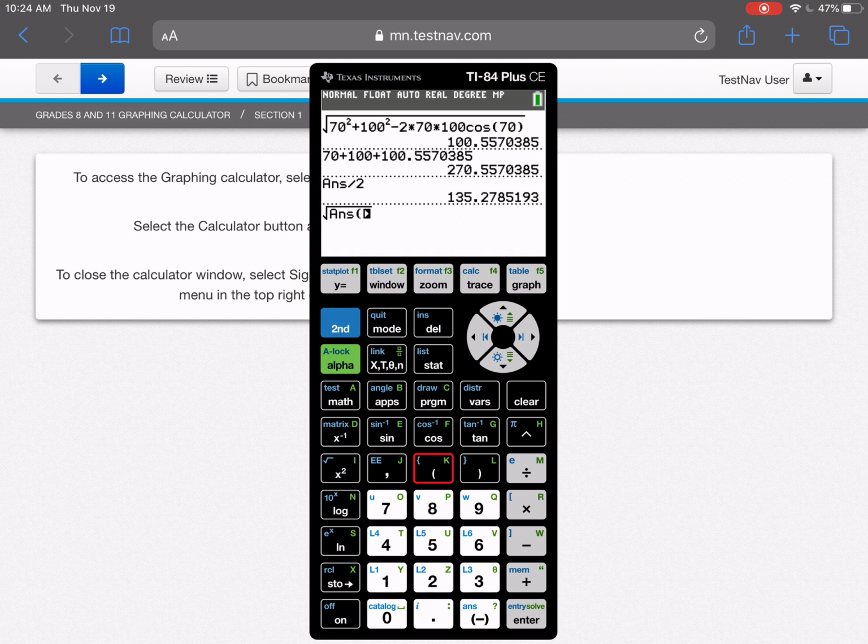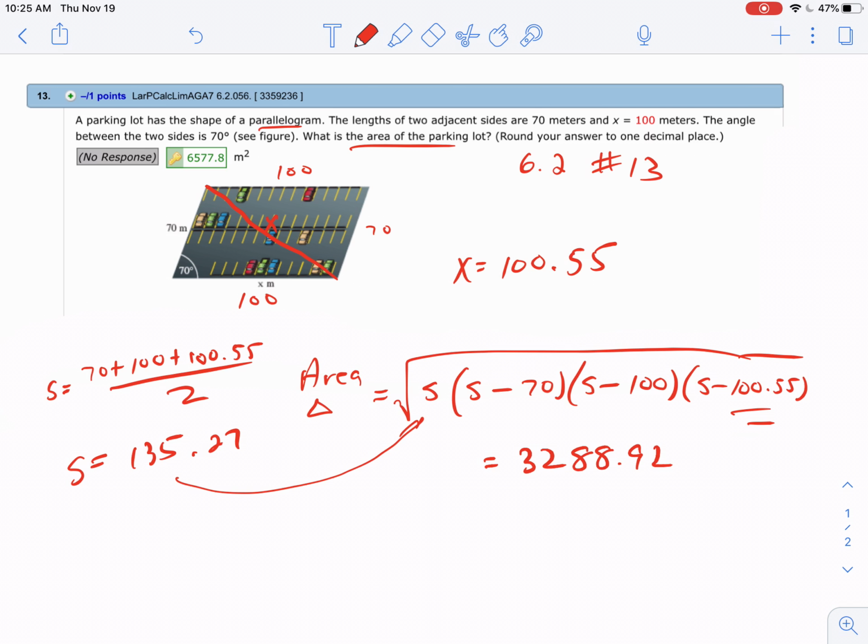And then I do the S minus one of the sides, and then I do S minus the other side, and last I do S minus, but I'm going to go up here. I can go up here and grab that full decimal. Now for some of you it may not make a difference how you do this, but I'm getting 3288.92.